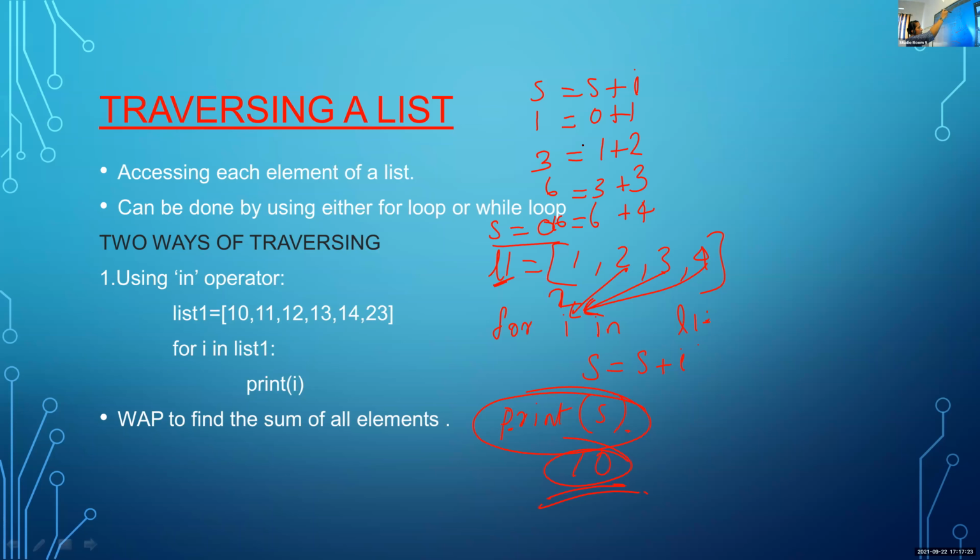Then the second I value is 2. So 2 plus 1, 3. This 3 is used next time. I value is 3. So 3 plus 3, 6. The next time the S value is 6 and I value is 4. So 6 plus 4, 10.